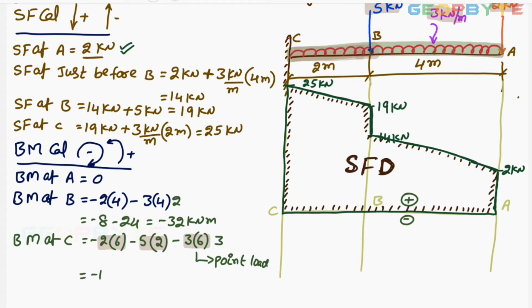It is minus 12, minus 10, minus 54. Okay, absolutely correct. It is equal to minus 22, minus 54, minus 76.